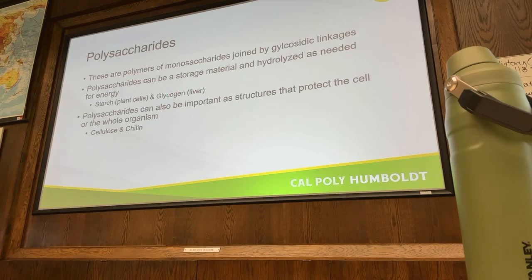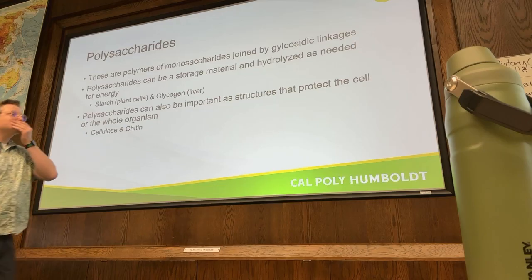When your blood sugar gets low, you release insulin, that triggers glycogen breakdown in your liver, and then that raises your blood sugar because it releases glucose into your blood. So starch in plants, glycogen in the liver, serve the same purpose: energy storage. Make sense?